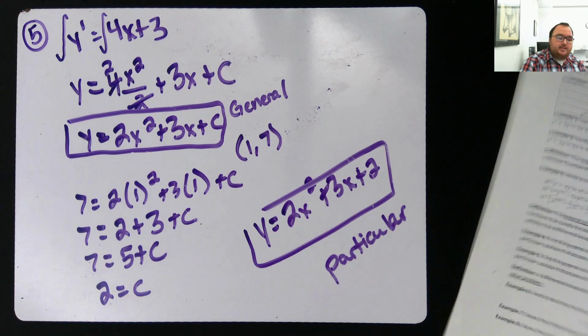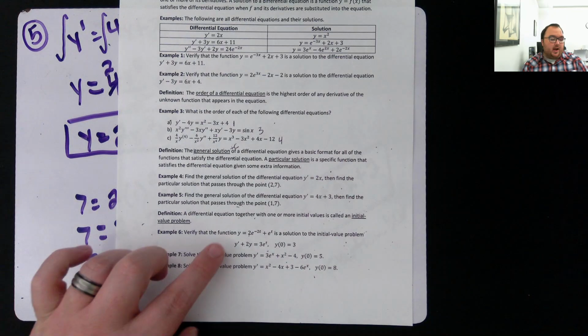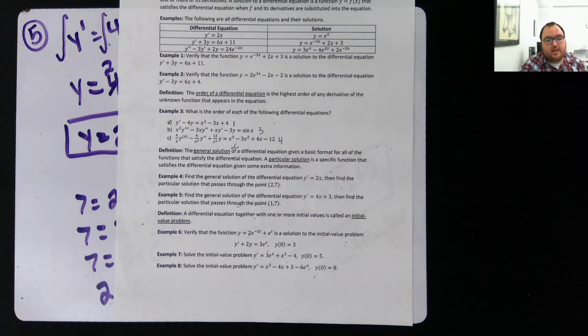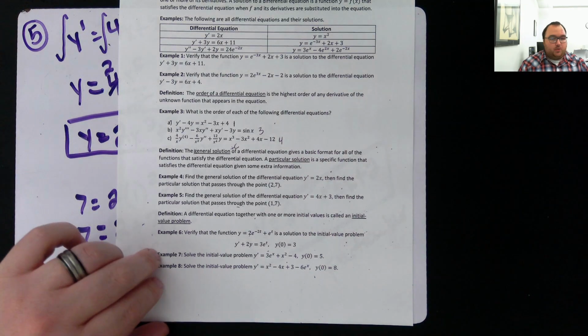Example number 6 says to verify that the function y equals 2e to the negative 2t plus e to the t is a solution to the initial value problem. Y prime plus 2y is equal to 3e to the t, with y of 0 equaling 3.